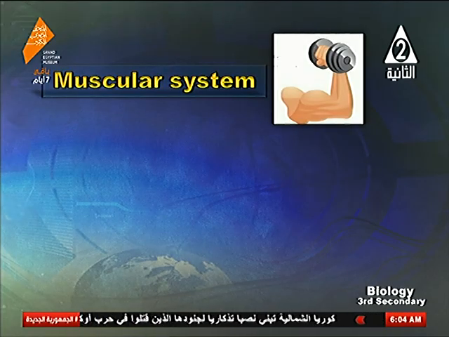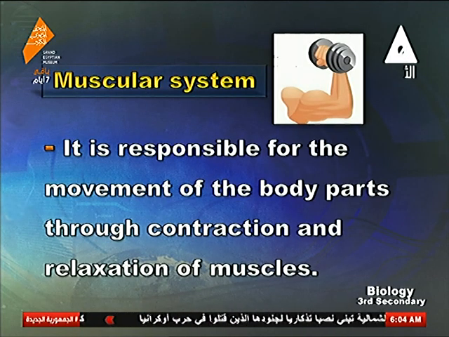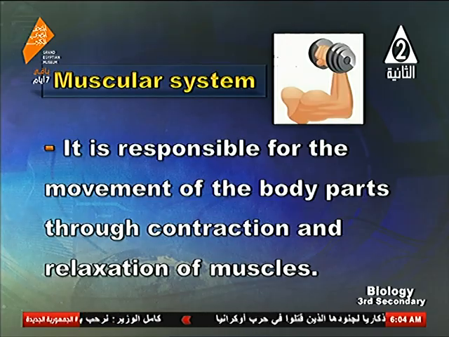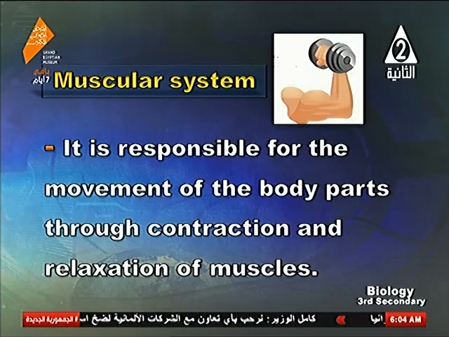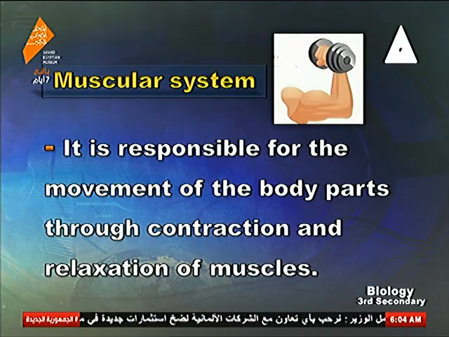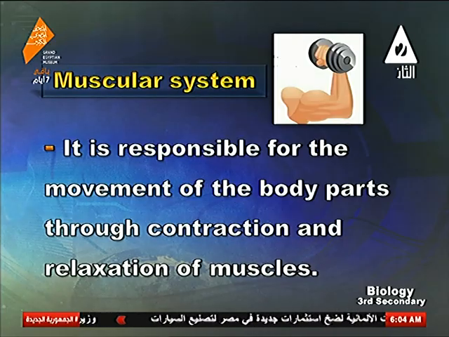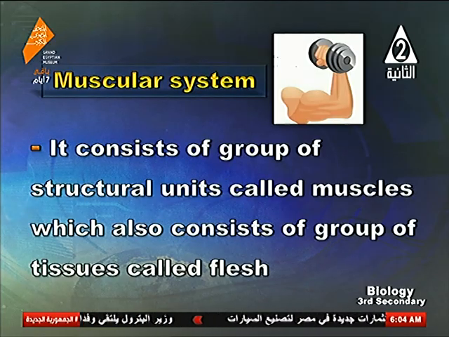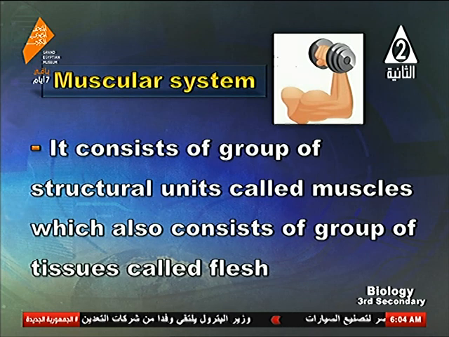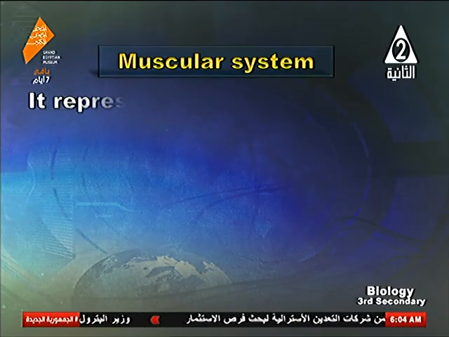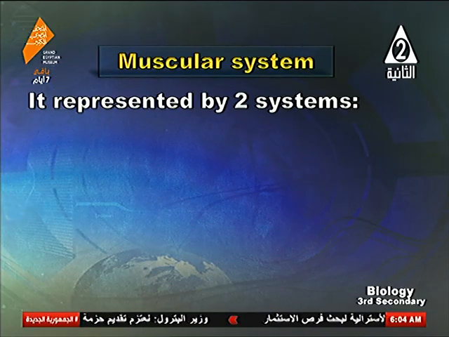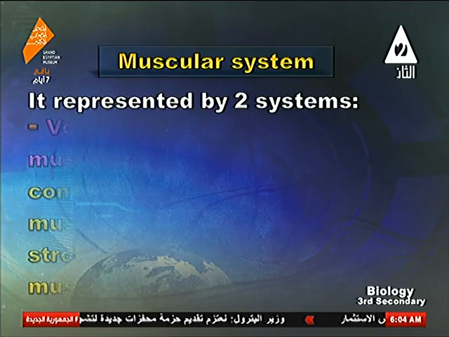The muscular system consists of muscular tissue, and it is responsible for movement of the body parts through contraction and relaxation of muscles. Muscles have the ability to contract and relax, and we will study today how the muscle can contract or relax. It consists of a group of structural units called muscles, which also consist of a group of tissue called flesh. The muscular system is represented by two types, as I said, voluntary and involuntary.